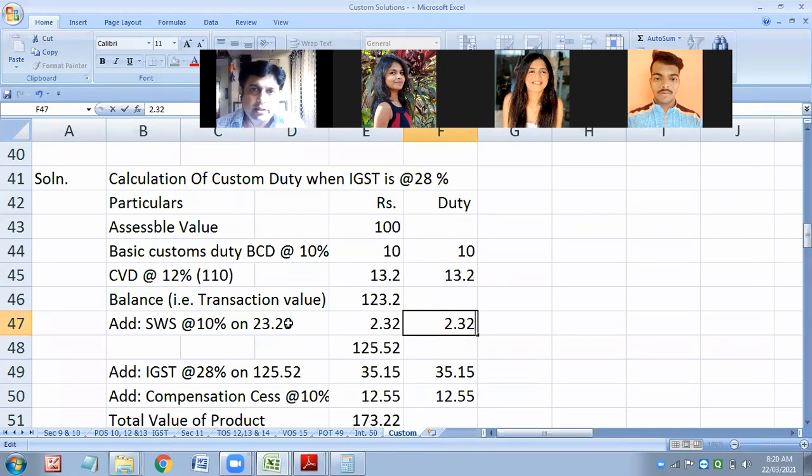So you have understood how the SWS will be imposed. SWS will be imposed and will be charged on BCD or any kind of custom duty. Okay, not on total value.